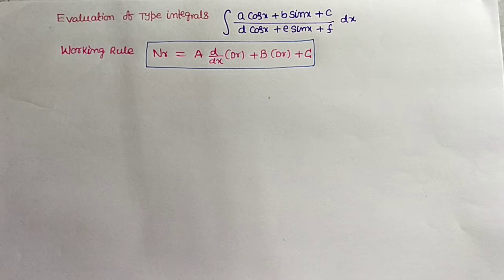Numerator equals capital A into d by dx of the denominator, plus B into the denominator, plus C. So how do we get the constant values A, B, C?